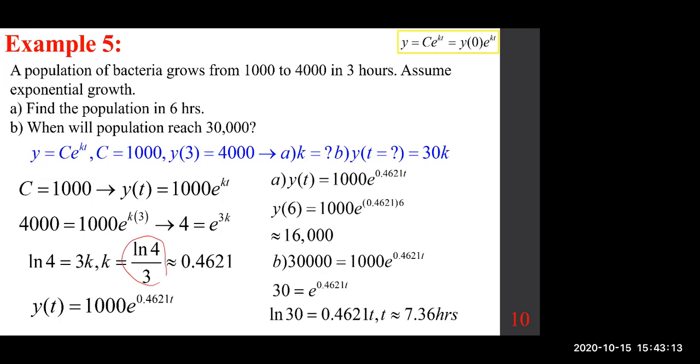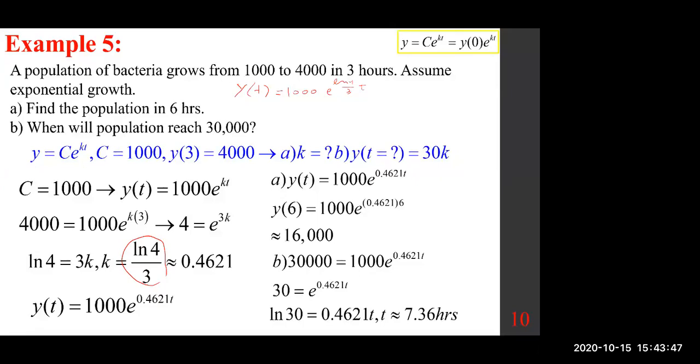So look at y of t. y of t equals 1,000 e to the power of, instead of writing 0.4621, I'm going to put ln 4 over 3 t. If you write it this way, it gives you a better approximation.